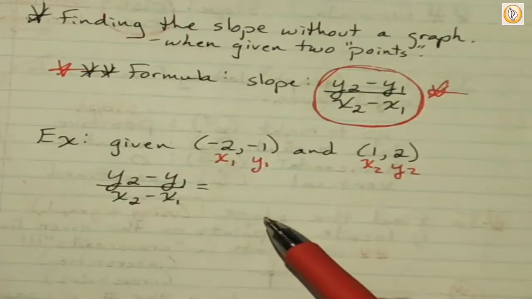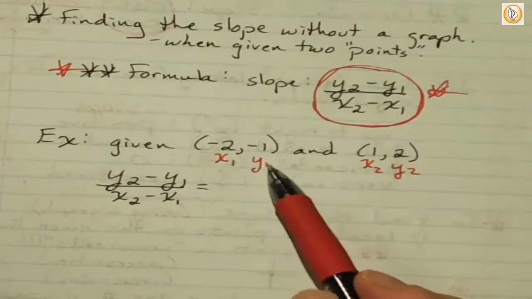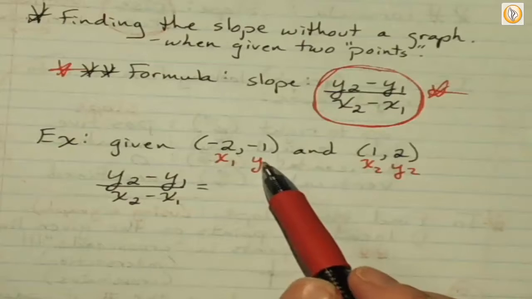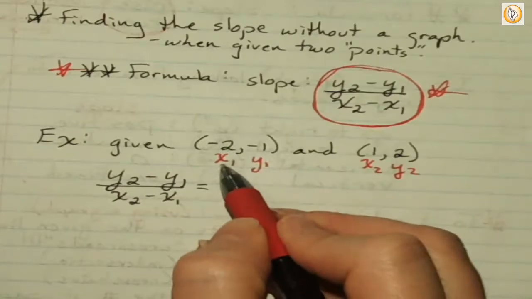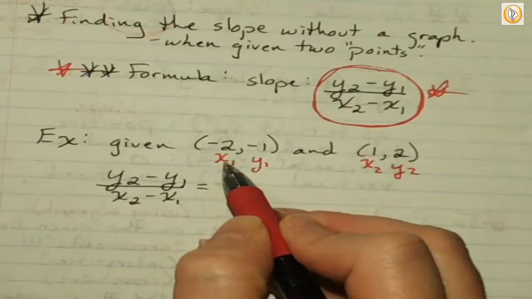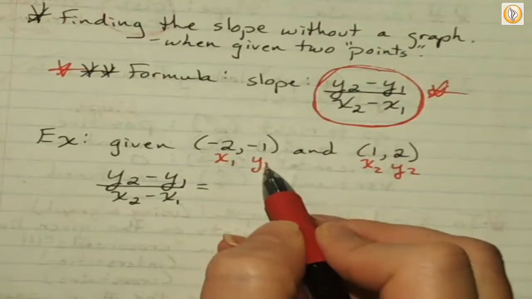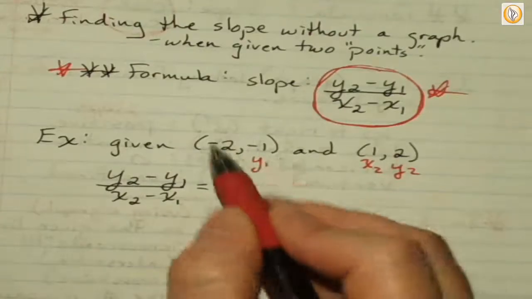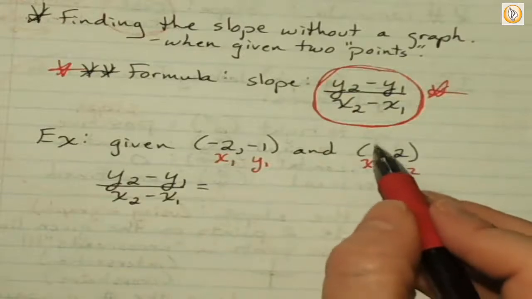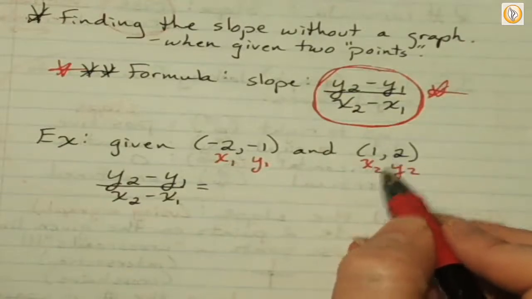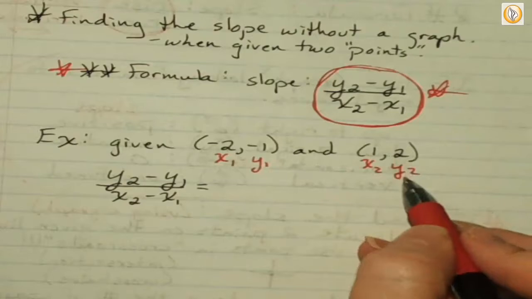The places that the x and y are reflecting of the numbers. Yes. This -2 is x1. This -1 is y1, because this is your first ordered pair. This is your second ordered pair, so 1 is your x2, 2 is your y2.